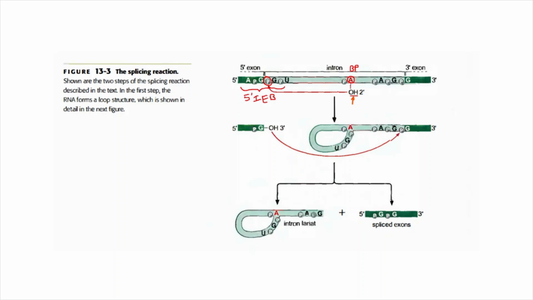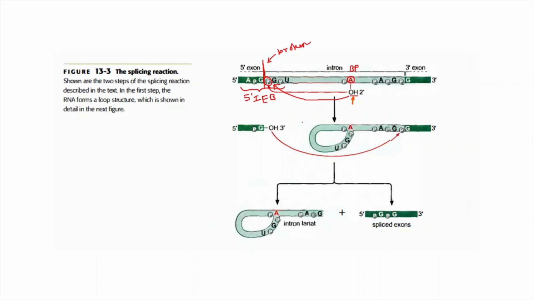What happens is that this 2' OH group of the A site attacks the phosphate as a nucleophile. As a result, the phosphodiester bond that was present here previously is now broken, and a new phosphodiester bond is formed between the 2' OH and the attacked phosphate.